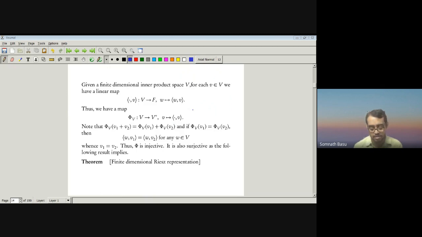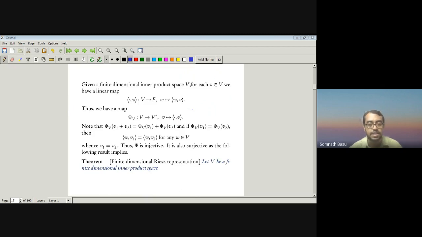So some of the things you'll see may not make sense immediately, but they will make sense in a year or a year and a half. This is the one which does make sense to us immediately. I'm calling it the finite dimensional Riesz representation because the general family of Riesz representation theorems are typically for infinite dimensional spaces and in an entirely different context, which is beyond linear algebra. It involves analysis.